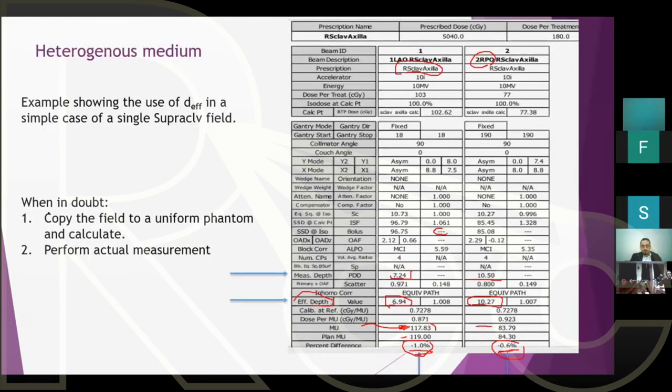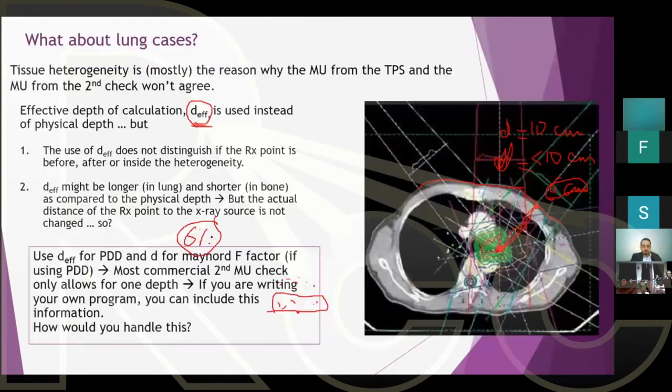You have two options. You can copy the entire plan into a cube phantom. Okay? If I copy the entire plan into a cube phantom and then do a second check on this plan, I should get agreement within 1% or even less. The 6% is a result of the heterogeneity here.